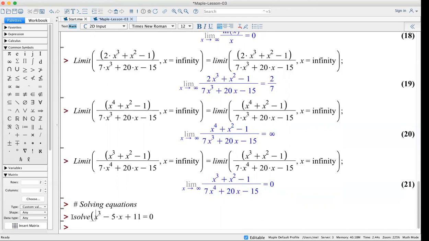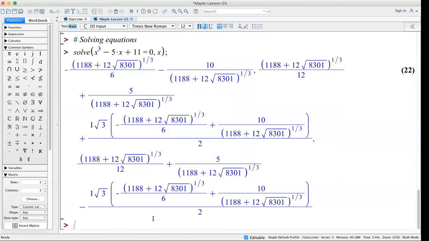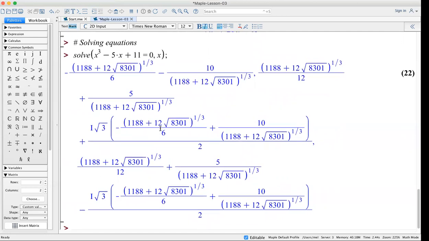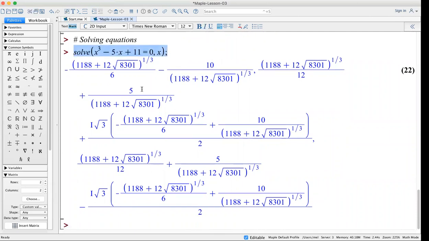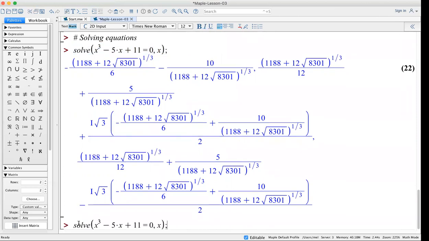One is solve. Now I'll solve for x. And I get something effectively incomprehensible. That's because there's not an easy way to give an explicit solution of this. So if you want a numerical solution as a decimal, you use the command fsolve.